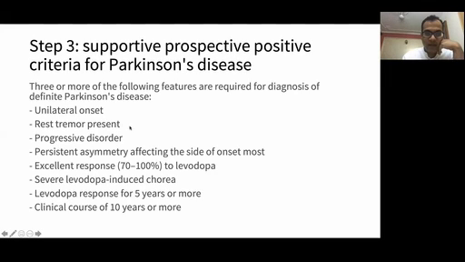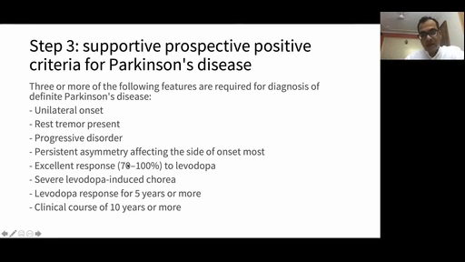Rest tremor definitely emphasizes Parkinson's disease, and it's a progressive disorder. So if you follow a patient for 5-10 years, and you see that the patient started off with the left side, now the right side, then face, jaw, dysphagia, dysarthria, non-motor symptoms, then you know that's a progressive disorder, and you can more confidently diagnose Parkinson's disease.